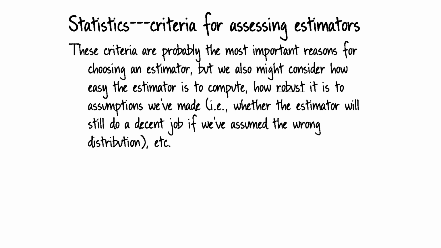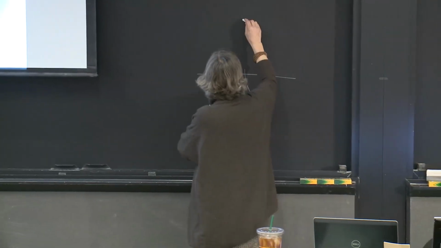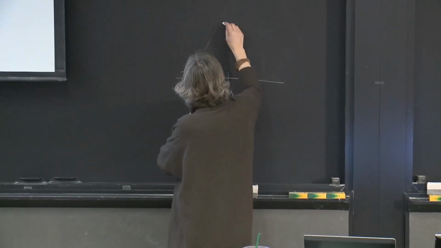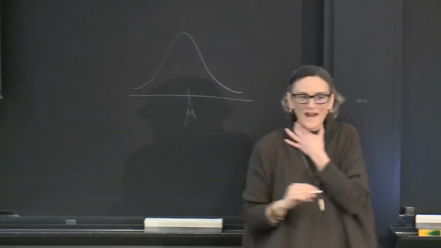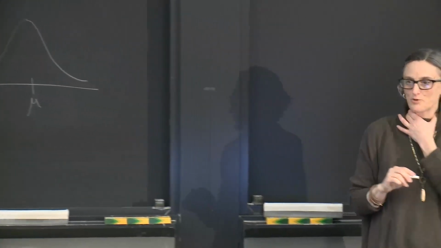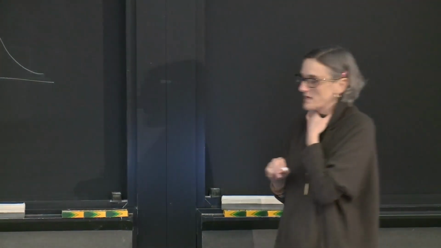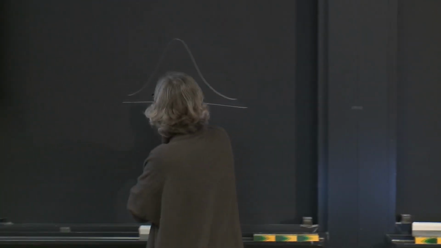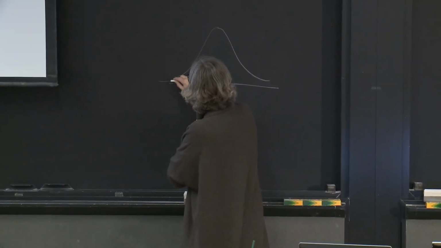So for instance, let's suppose that we want to estimate mu, and we think that the random sample is drawn from a distribution that looks like this, okay? But in fact, it's drawn from a distribution that looks like this.